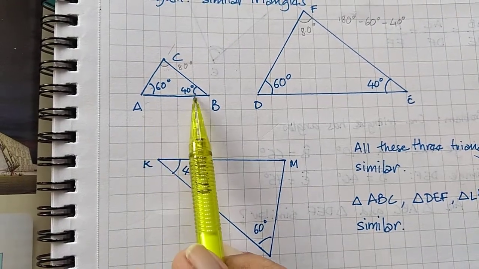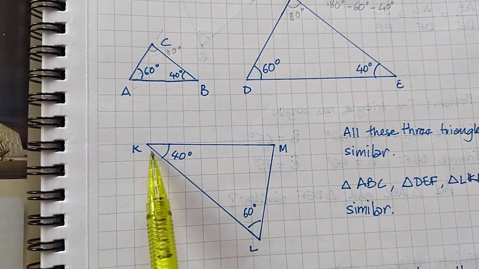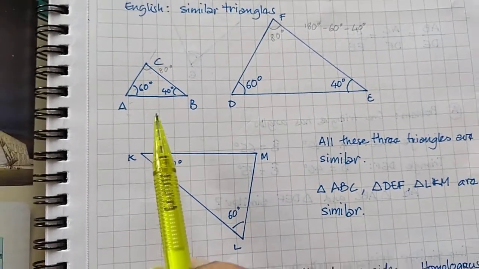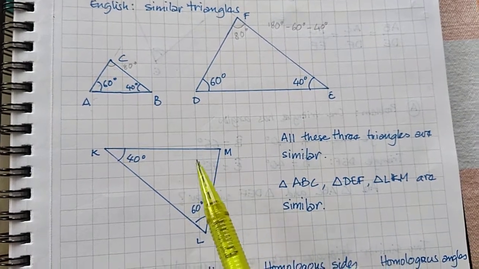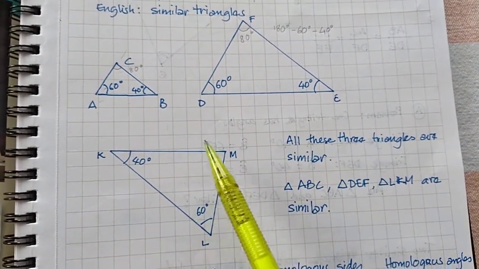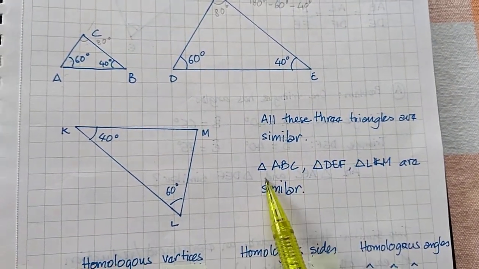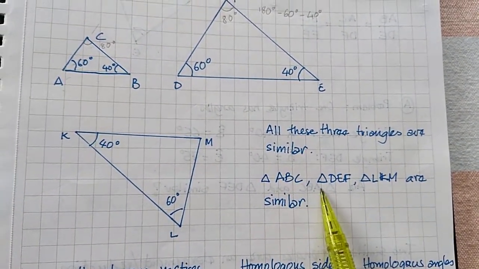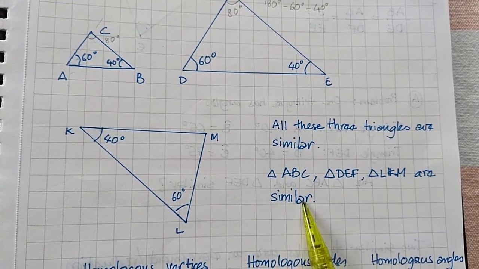Here I had 60 and 40. Here I put 40 and 60. And so KLM. So all these three triangles are similar. This is similar to this, this is similar to this, this is similar to this. All are similar to each other. Triangle ABC, triangle DEF, triangle LKM are similar.